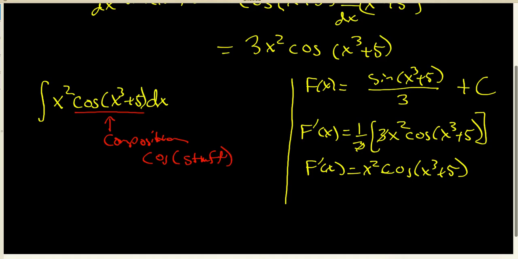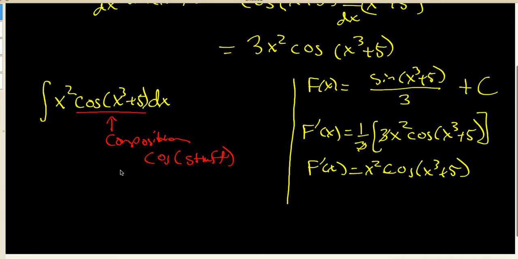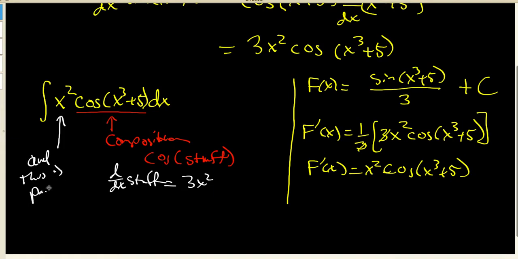And the second thing that I want to note is that the derivative of the stuff is 3x squared, and there is an x squared. This is part of the d dx of the stuff.